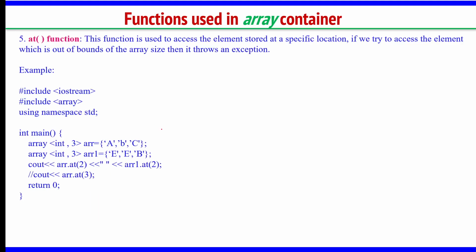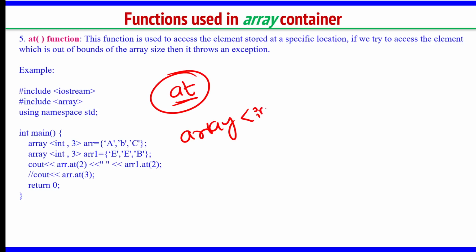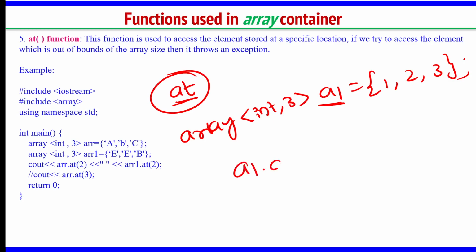Next, at function. If you want to access an element at a given location, you have to use at function. So, if you are creating an integer array like this, array int comma 3 a1 equal to 1 2 3, the array variable name is a1, you write a1.at(2), it will give the answer as 3, because at index 2 the value is 3.